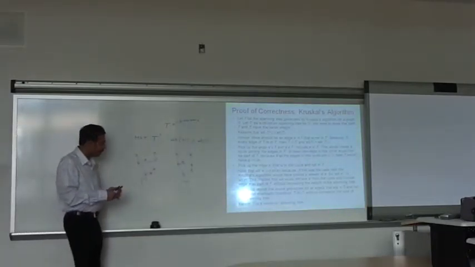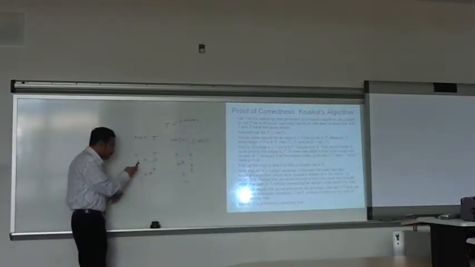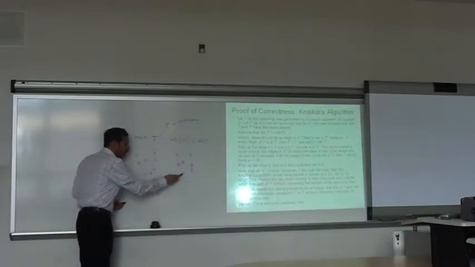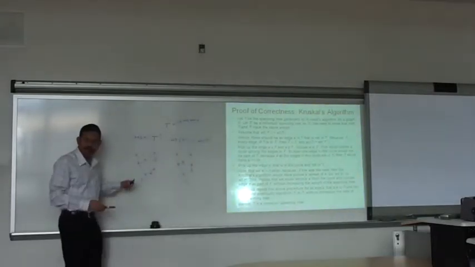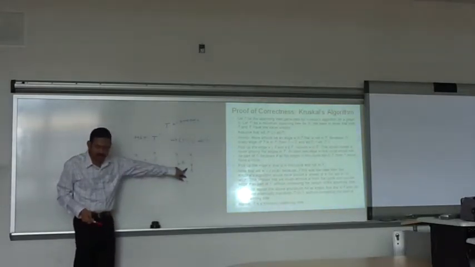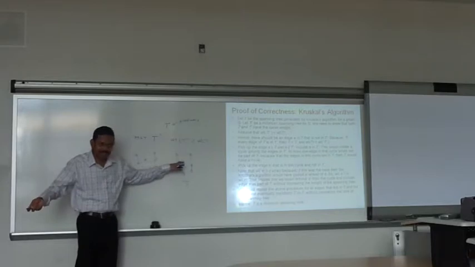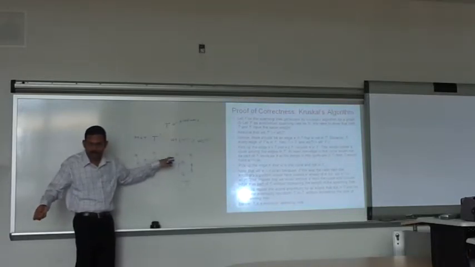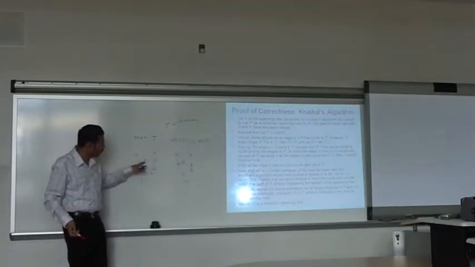Of course, if you put this edge and you're creating a cycle, there should be at least one edge in the cycle that should not be in this tree T. Because if all the edges of the cycle are in this tree, then this tree is going to have a cycle.